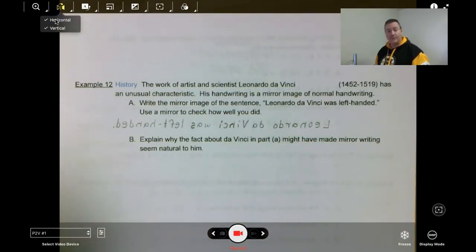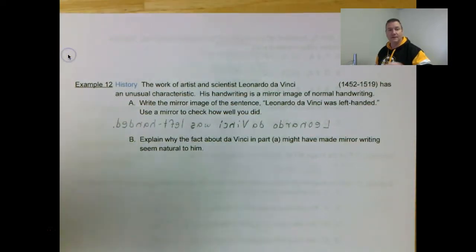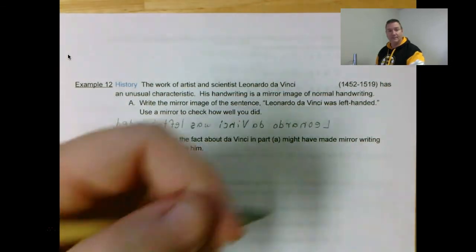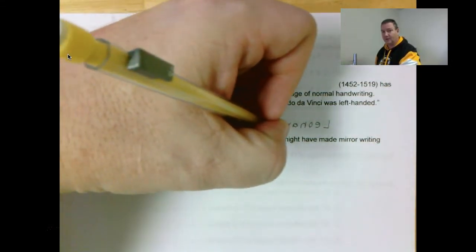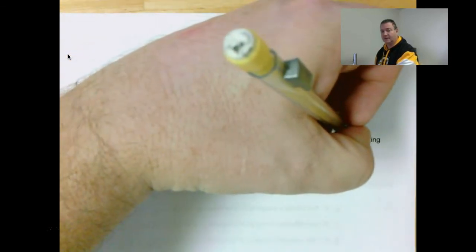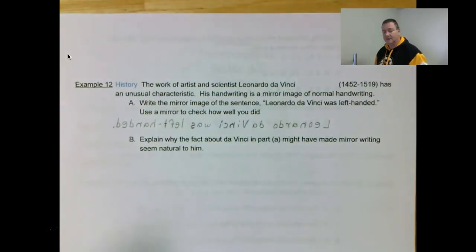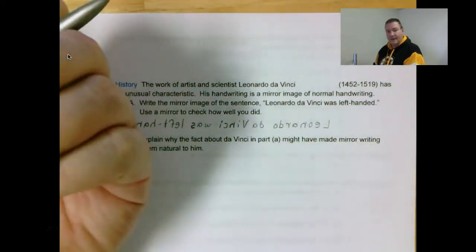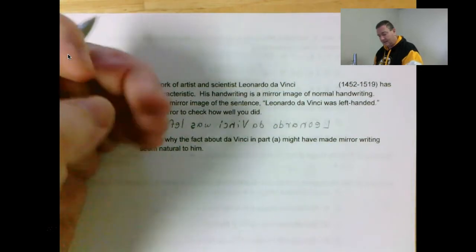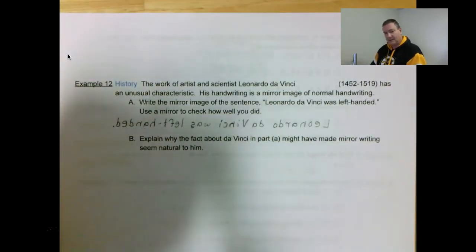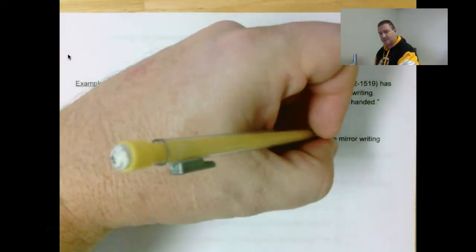Well, if you've been watching me in all these videos, you notice that I am left-handed, and oftentimes as I'm writing, my hand is covering what I'm writing. It makes it a little harder for you to see. And my hand goes across the paper and smudges the ink and I can't see what I've just written.